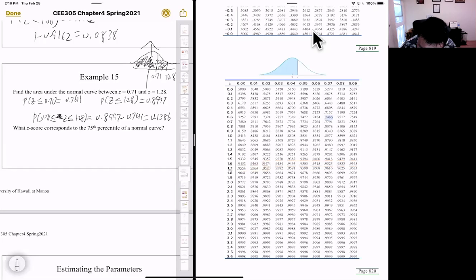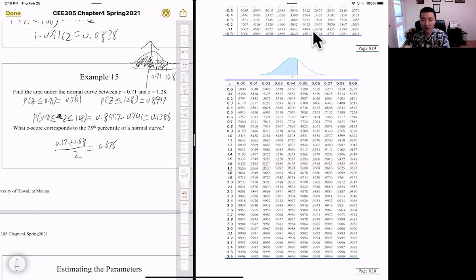For a z-score of 0.67 it is 0.7486, and the next one, 0.68, is 0.7517. So the 75th percentile is somewhere between 0.67 and 0.68, and we can use the average of these two values, 0.675. We found the closest value to what the question is asking.